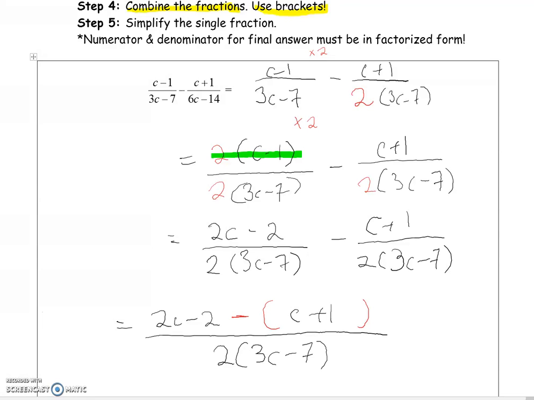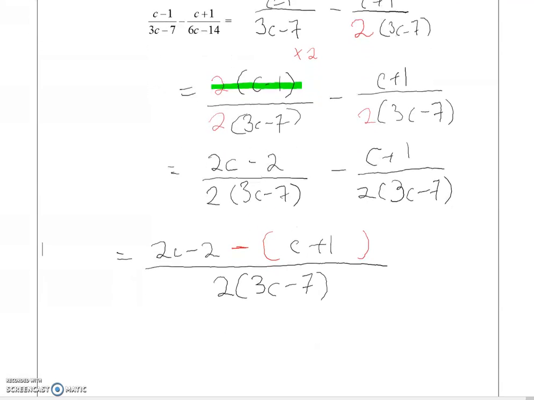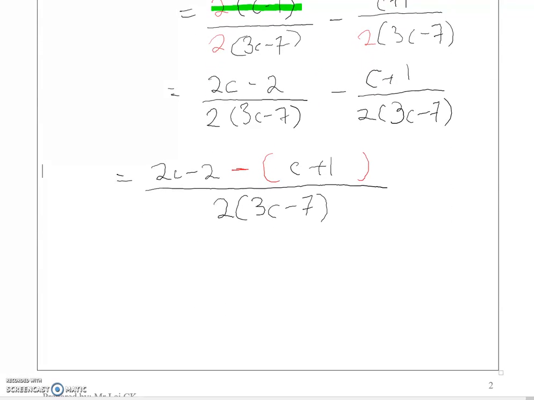Next, we simplify this single fraction, and we will get 2c minus 2 minus c minus 1 over 2 bracket 3c minus 7. For the numerator, we realize that there are like terms that we can combine.